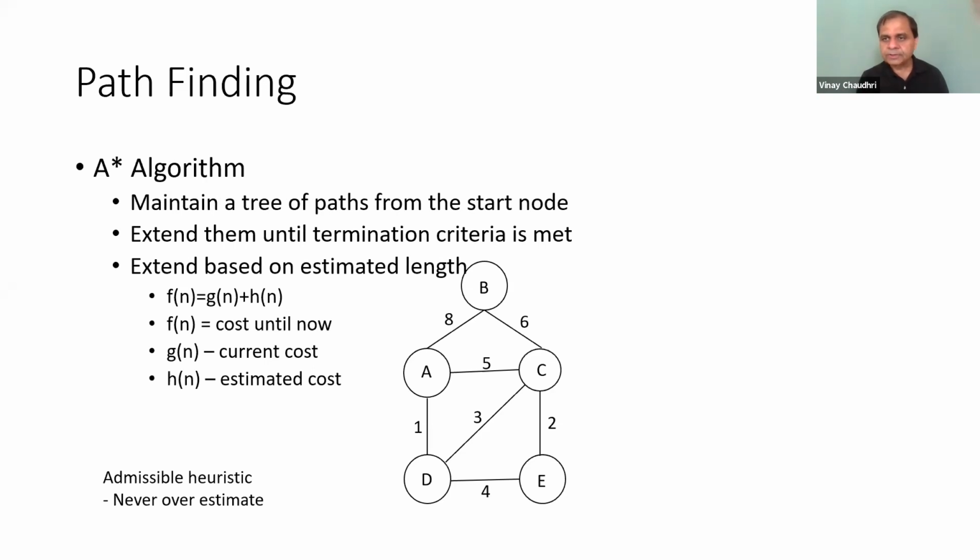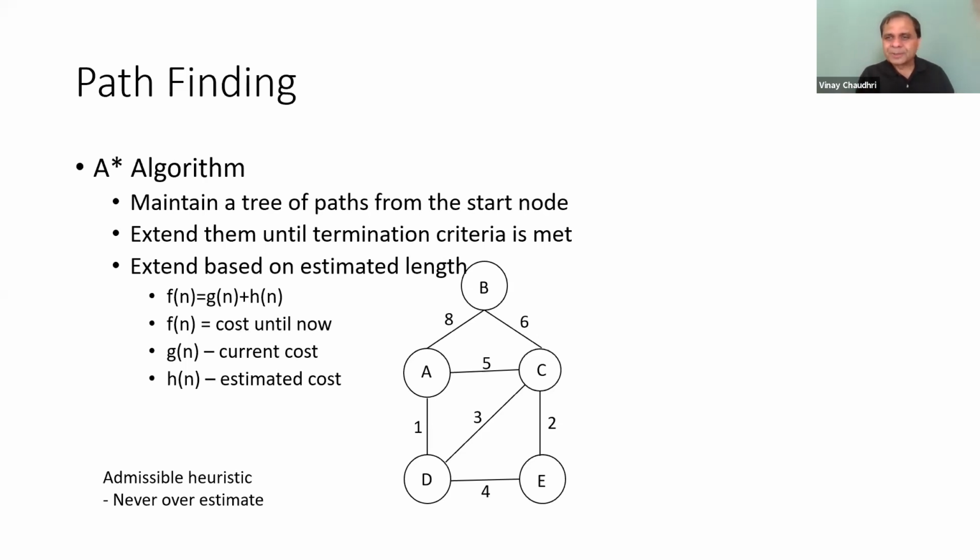An admissible heuristic is a heuristic which never overestimates the cost. It could underestimate the cost, but it never overestimates the cost. And there exists a proof which shows that as long as our heuristic is admissible, we will end up with an optimal path at the end of our search process.